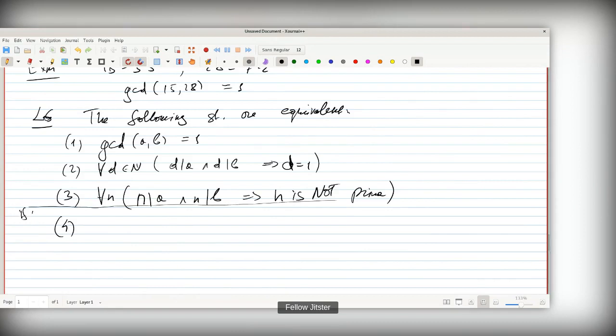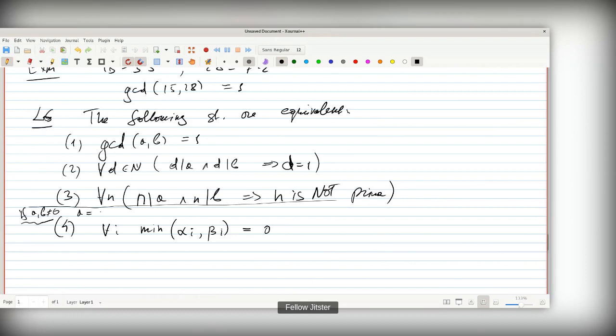Given A and B are non-zero, that means that for each i, the minimum of their prime degrees is 0. That is for every prime.